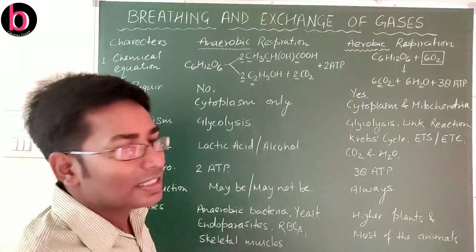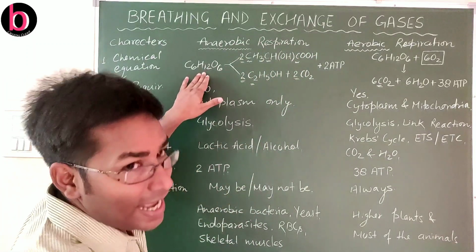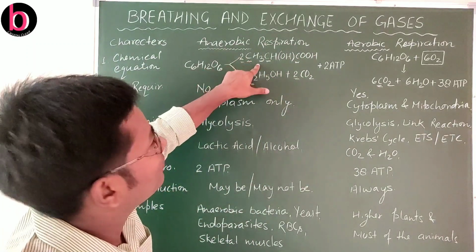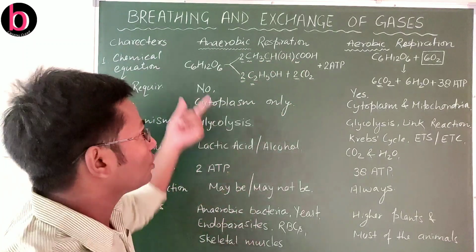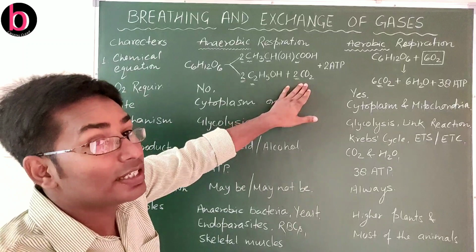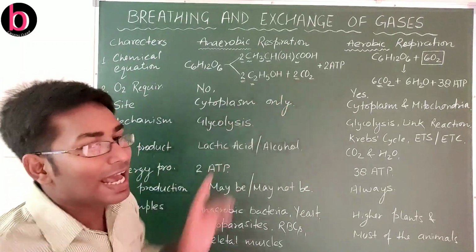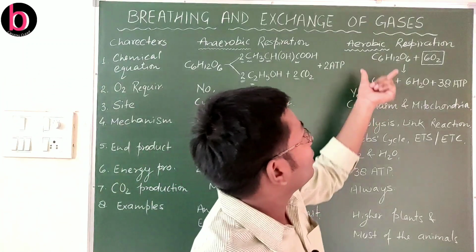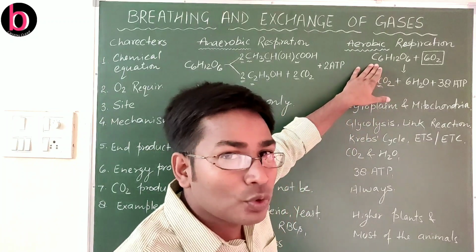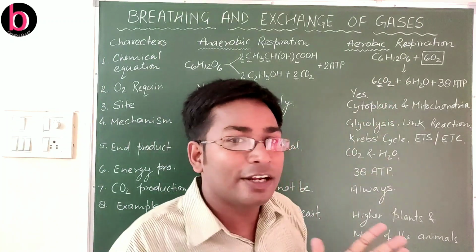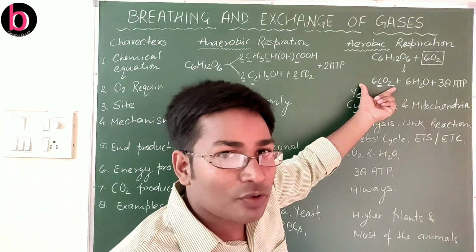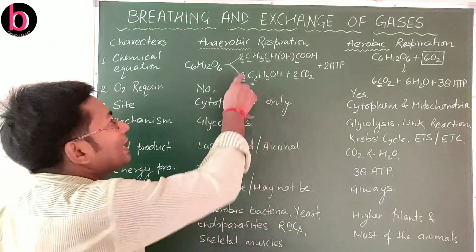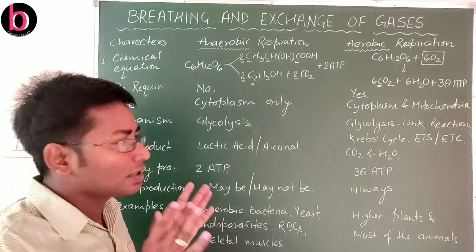So what we can see here is that during anaerobic respiration, if lactic acid is produced there is no release of CO2, while CO2 is released if the product is alcohol, while here the whole carbon of glucose is converted into carbon dioxide. It means here is complete oxidation of food, while there incomplete oxidation of food takes place.